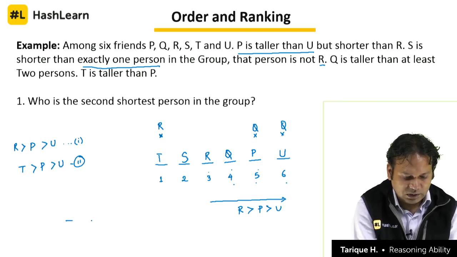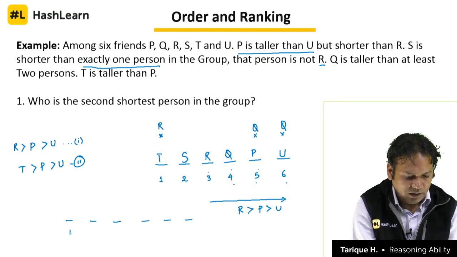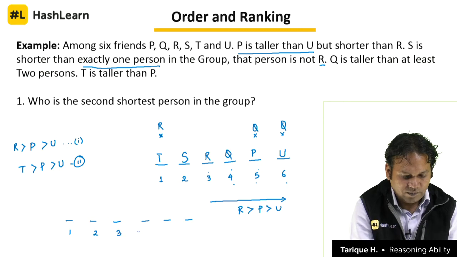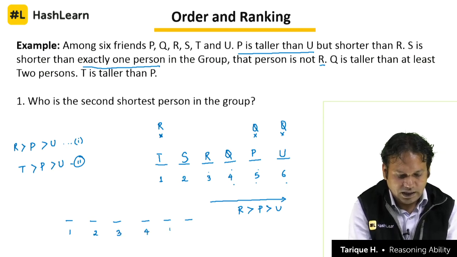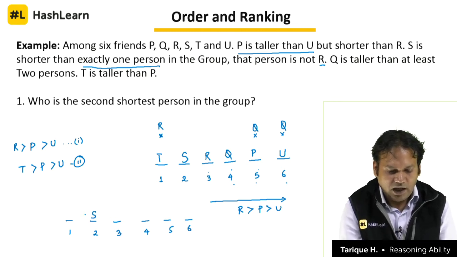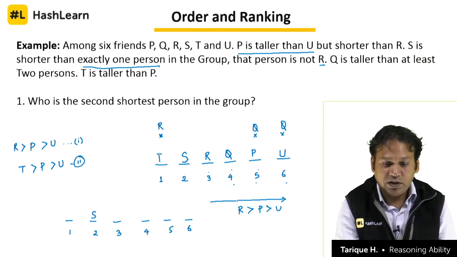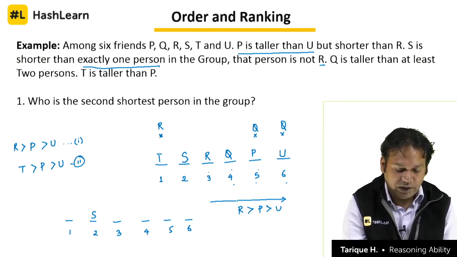Is there any other possibility or not? That we can see here below. So what we know for sure is that S is in the second position, R, P, U will come to the right of S, Q is taller than at least 2 persons, so Q cannot be in the last 2 positions.